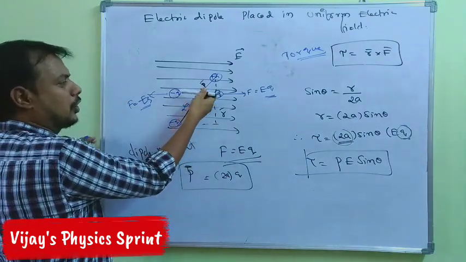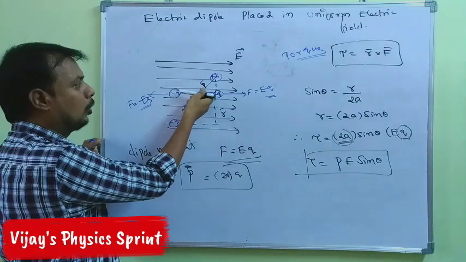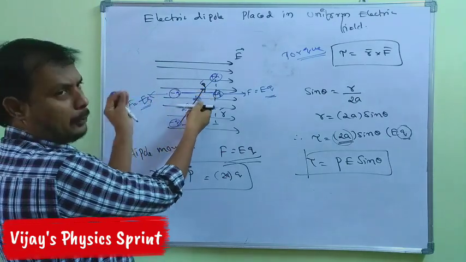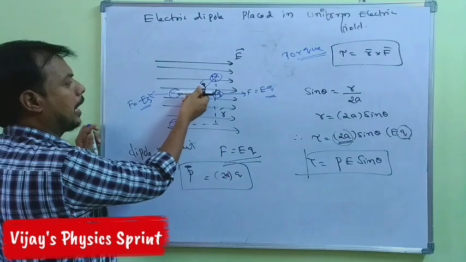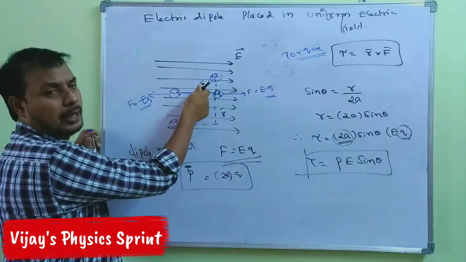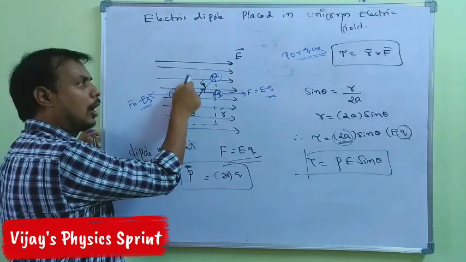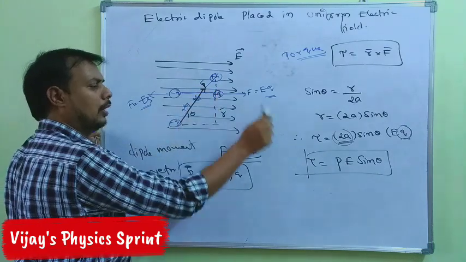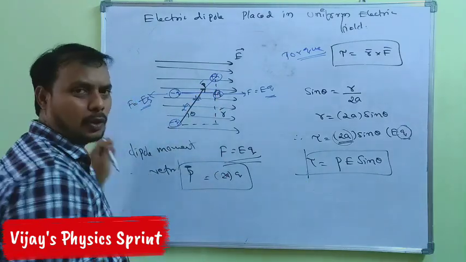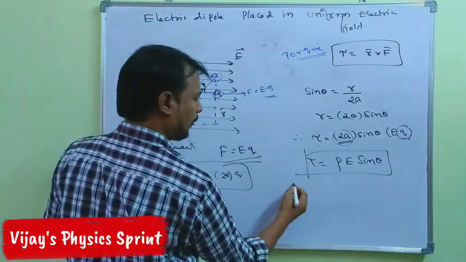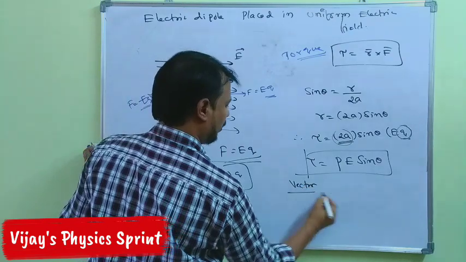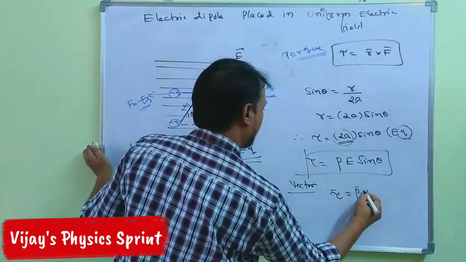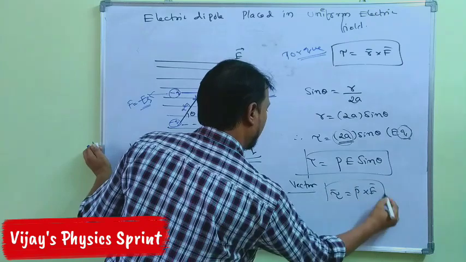This is the actual initial position of the dipole. But when equal and opposite forces act on the dipole, it is going to be rotated, turned like this. So torque is developed on the dipole. What is the amount of torque? Tau equals pE sin theta. In vector representation, tau bar equals p bar cross E bar.